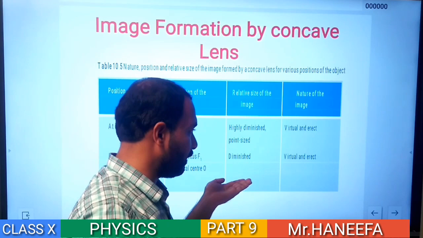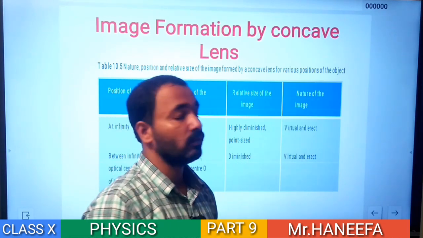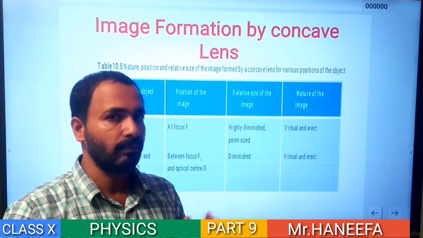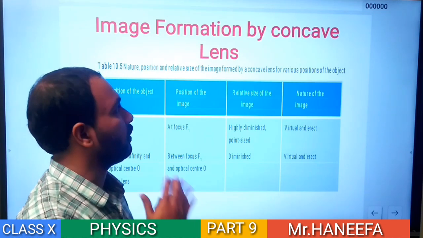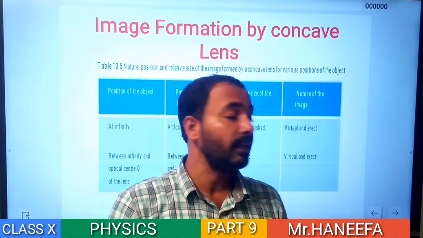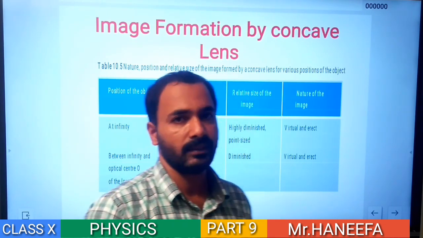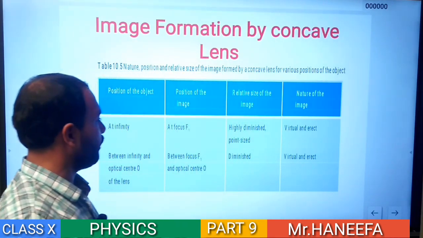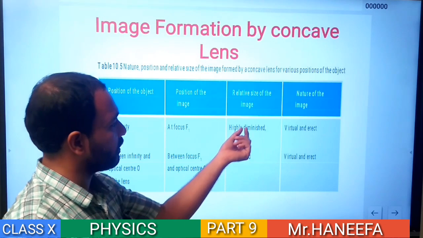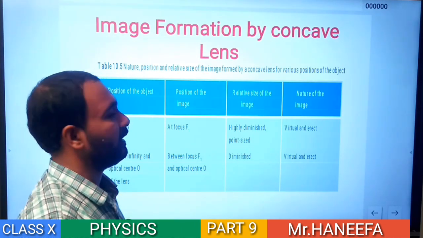That image is diminished, virtual and erect. That means in the case of a concave lens, only virtual and erect images are formed, and the images are always diminished or highly diminished.